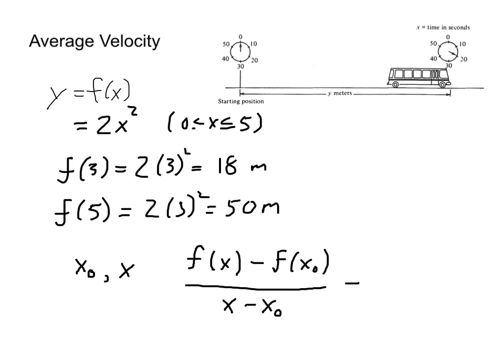Now a symbol which is sometimes used to represent a change is the capital Greek letter delta. So another way of writing this would be delta y, the total amount of distance, divided by delta x, representing the amount of time. So distance divided by time will be the average rate.